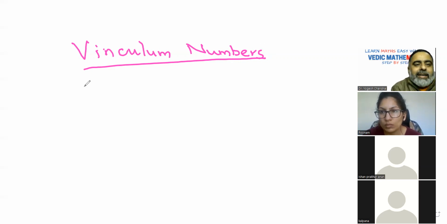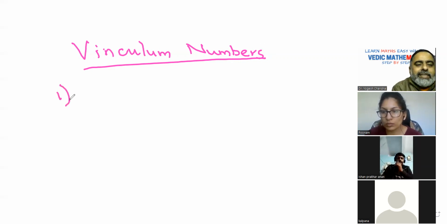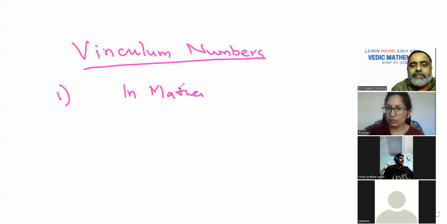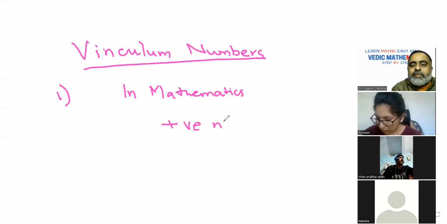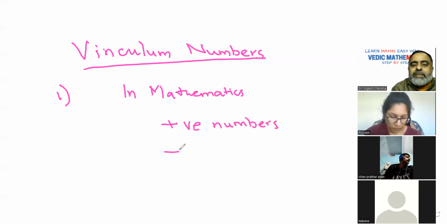Now, the first thing we need to understand in your normal mathematics is that we either have positive numbers or negative numbers.